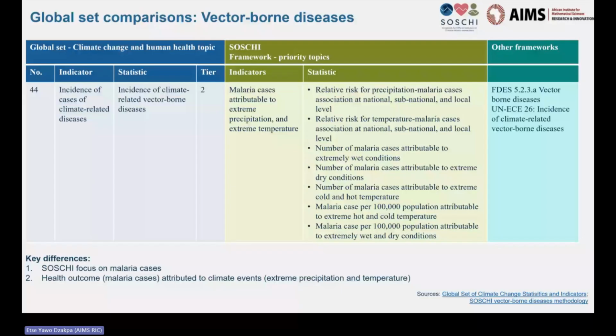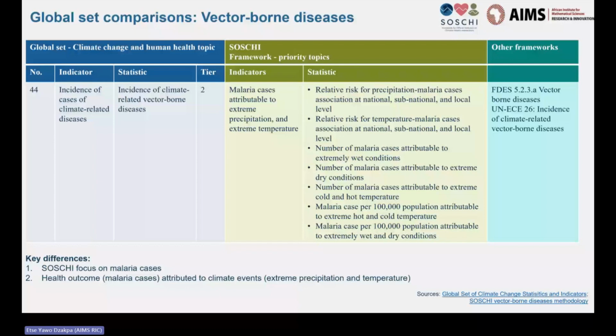What we are doing here is that we are specific to malaria cases, and we are attributing it to a specific exposure, which is extreme precipitation or rainfall and extreme temperature. And then we have a specific statistic or metrics to measure those impacts.